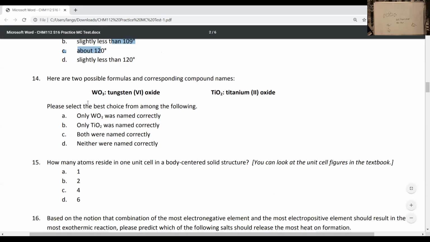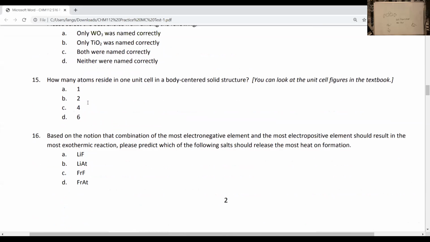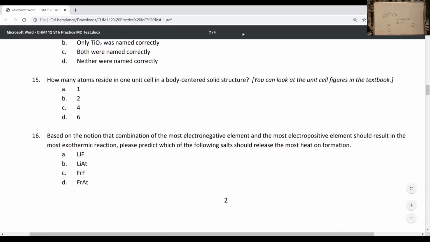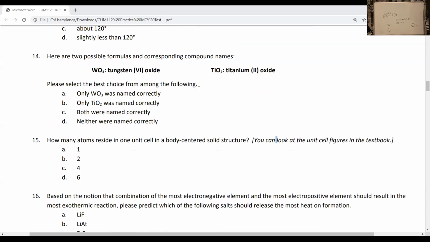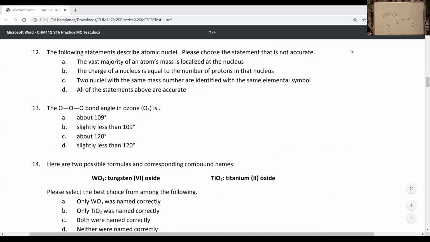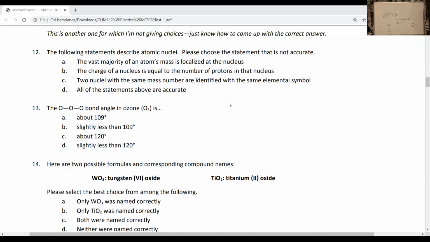This one's naming. I think you can do that. Oh, I got a question. Can we do more practice problems on this, on drawing? Yeah, okay, we can do that.